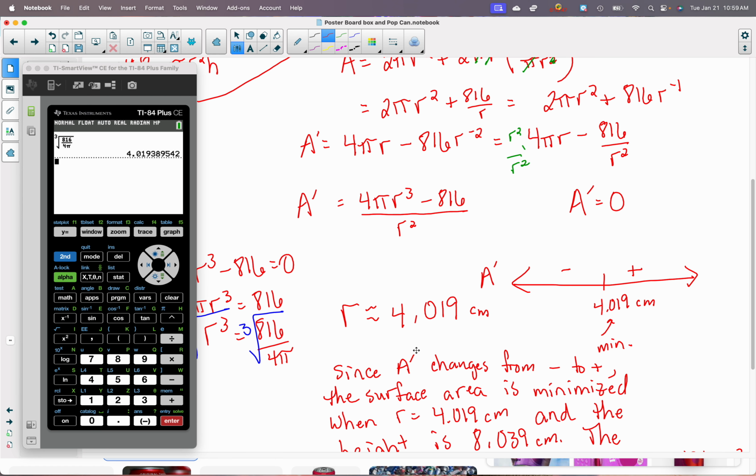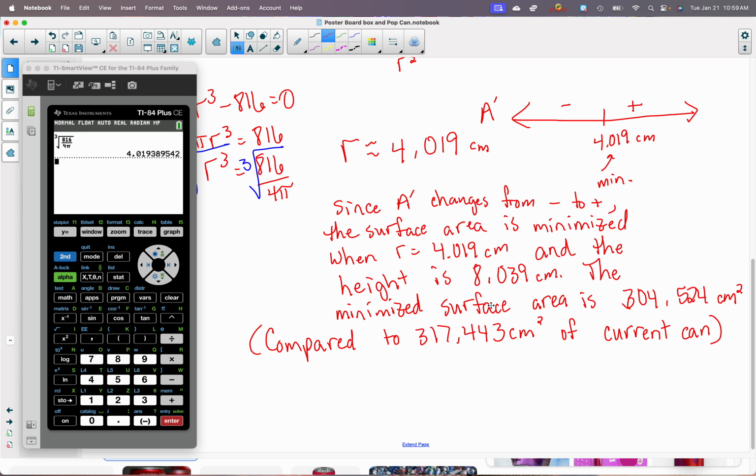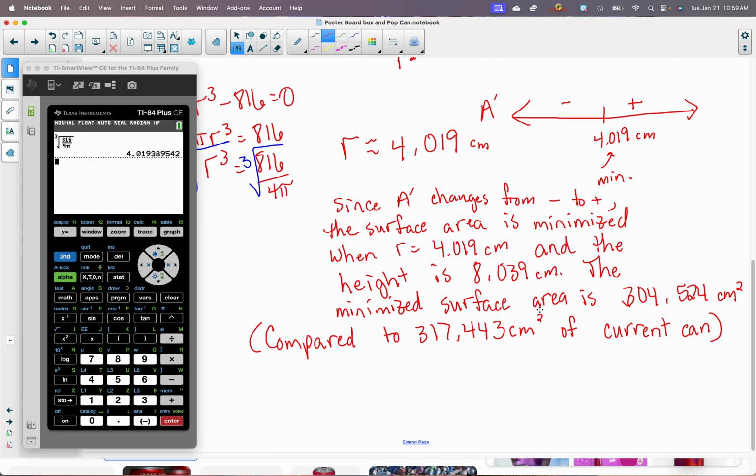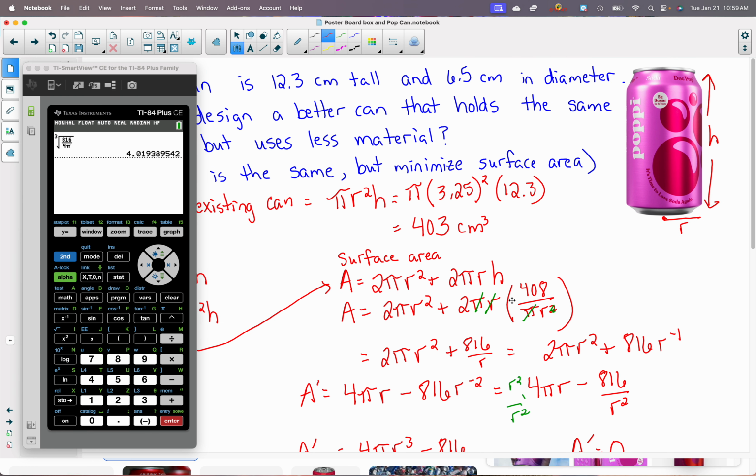So there comes a point where it might not be comfortable to hold the can. Another implication would be that the cup holders in your cars would possibly have to be changed. So it might not be worth it to do that. Anyway, this is the idea behind it. This is called optimization. You're going to have some problems where you have to make use of this.